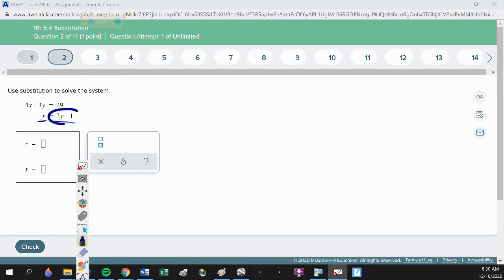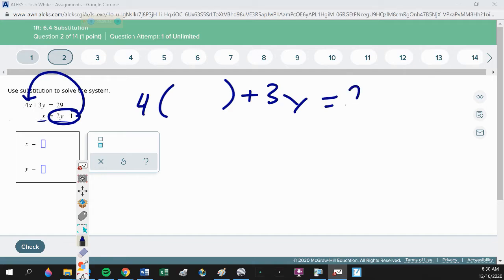So I'm going to take this 2y minus 1 and plug it in for the x in the other equation. That equation is 4 times x plus 3y equals 29. Where the x used to be, I'm going to plug in 2y minus 1. And I have essentially gotten rid of all the x's so I can solve for y.